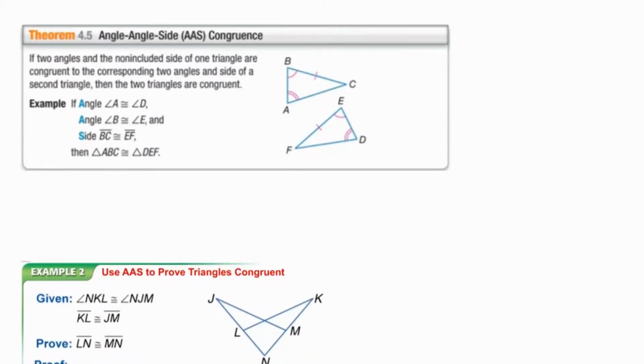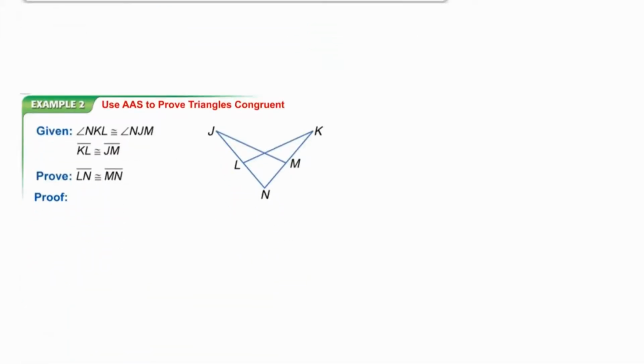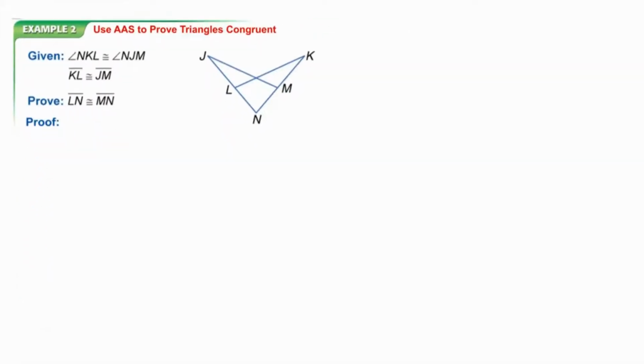The next one we're going to look at is angle, angle, side, where the side's not included between the 2 angles. To complete this proof, sometimes it's easier if you separate the two triangles that we're looking at. So it's easier to mark what you know.